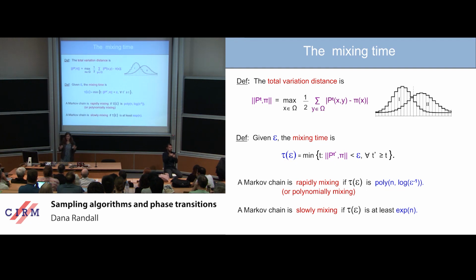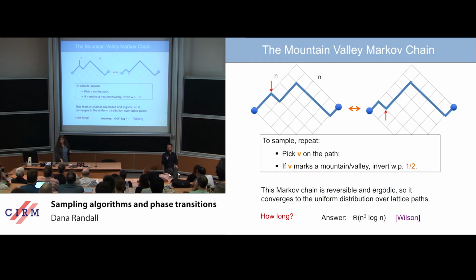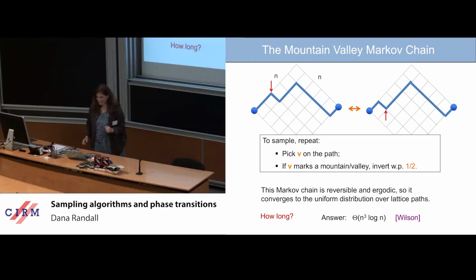And I say that it's slowly mixing if that takes exponential time. Okay, so those are the terms, and throughout the talk, I'll be distinguishing when it's fast and when it's slow. You should use tractable and intractable. But I'm going to be showing you an n to the 16th algorithm, so you might not want to use that.